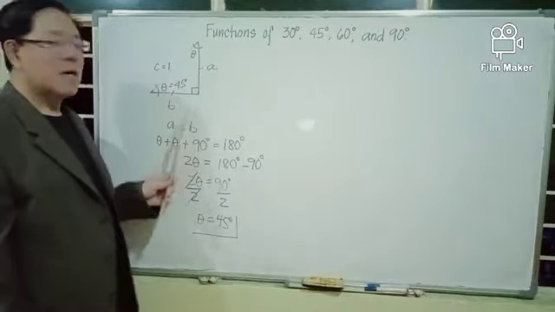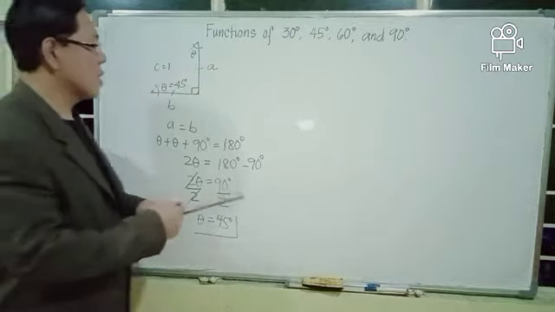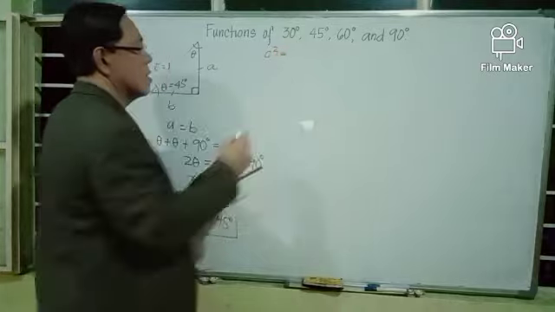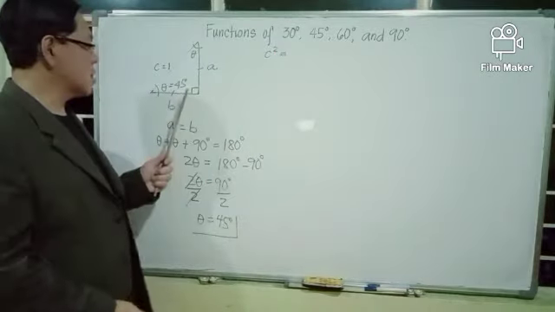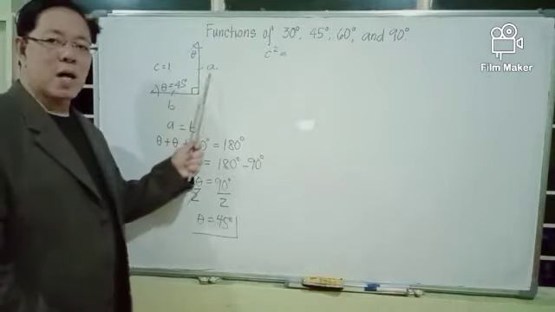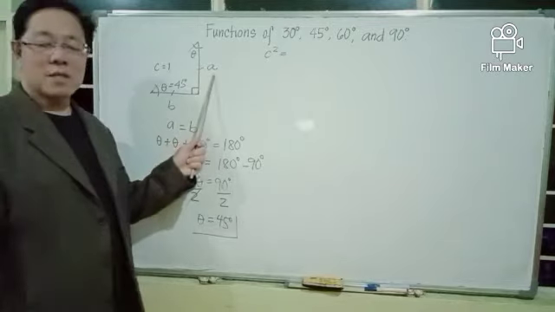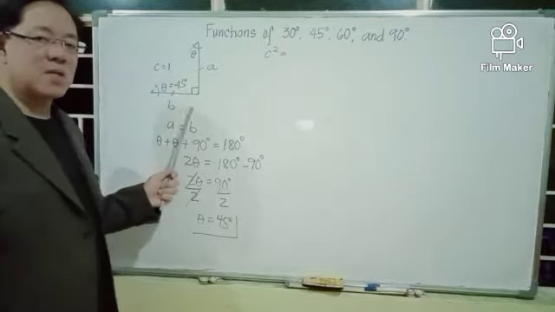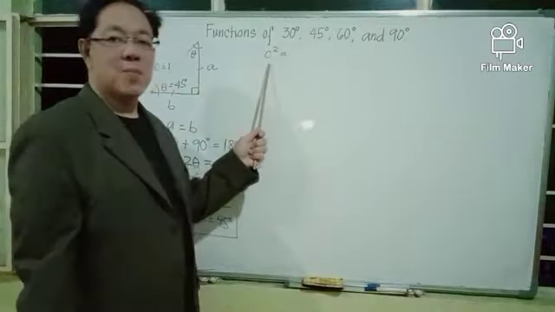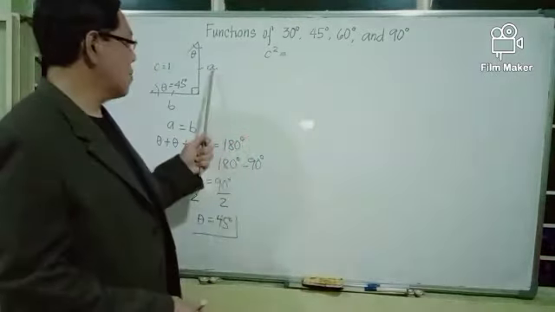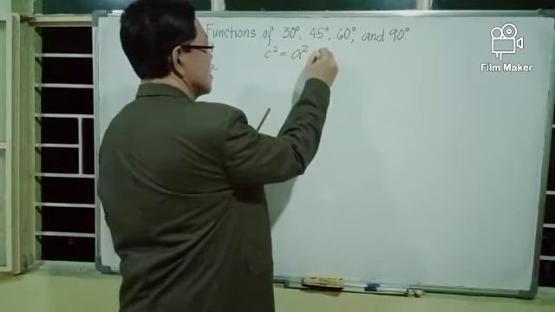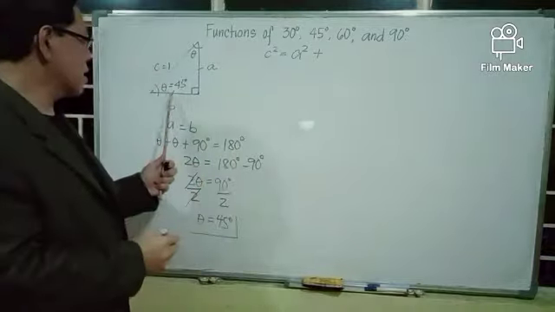Or the Pythagorean Theorem states that the square of the hypotenuse, C squared, is equal to the sum of the squares of the two other sides, the legs of the right triangle, A squared plus B squared. The square of the hypotenuse C is equal to the sum of the square of A and the square of B.